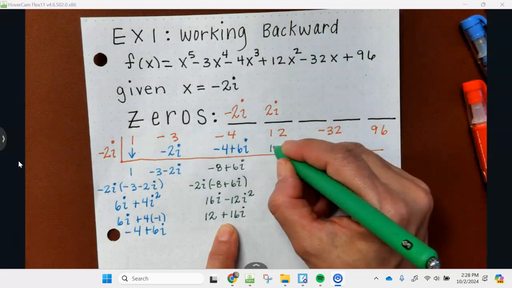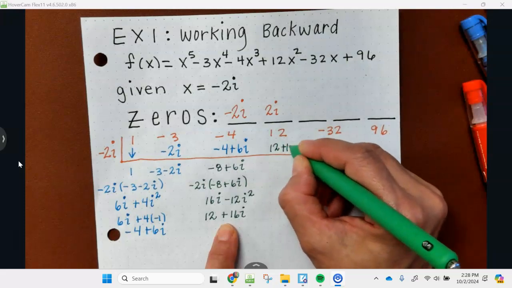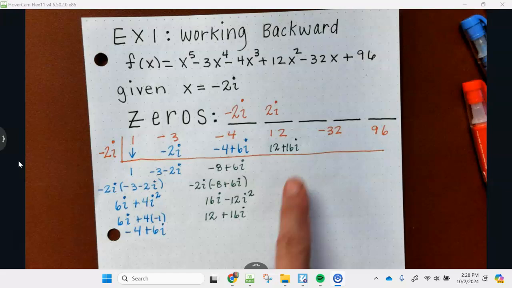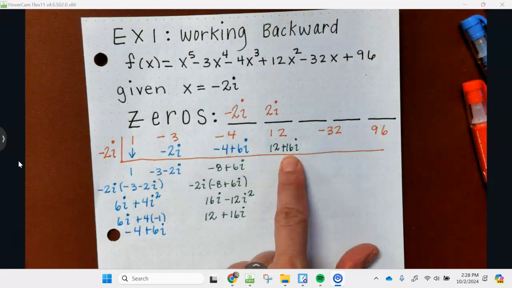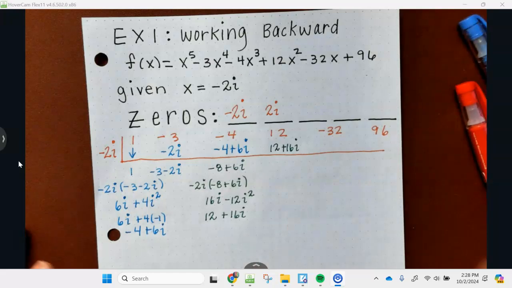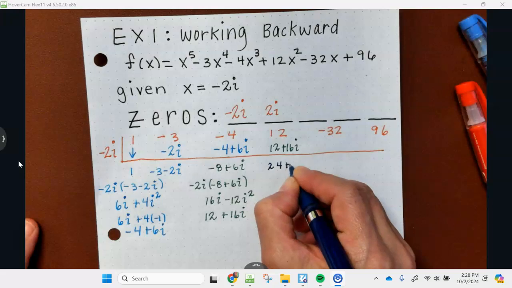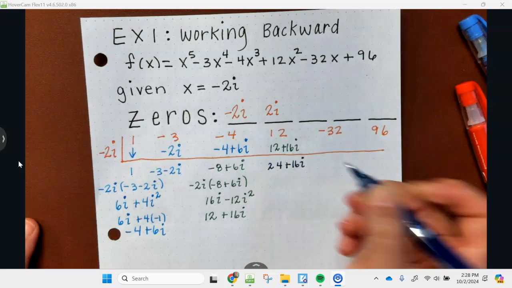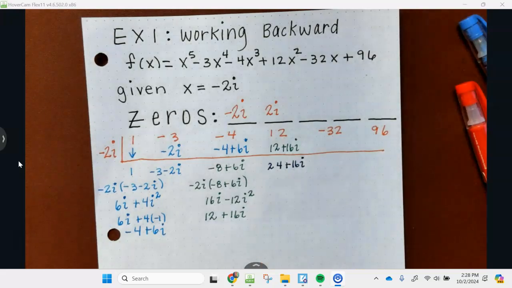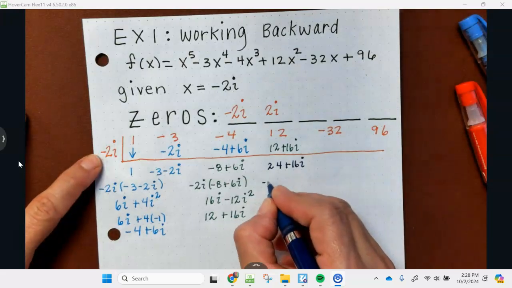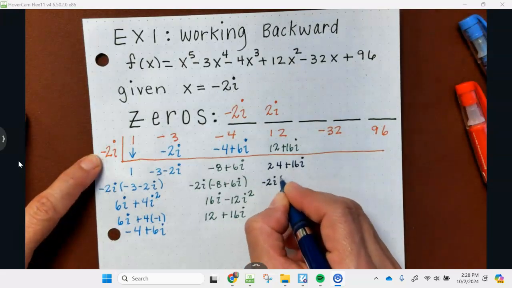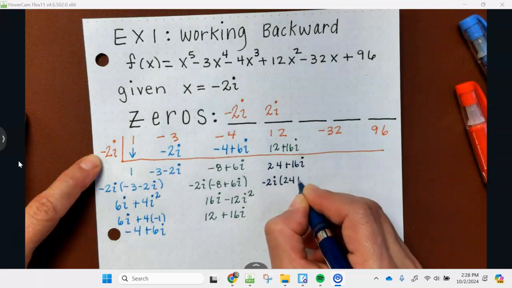All right, we are going to combine straight down. So when we combine straight down, we're just going to combine the 12s. So 24 plus 16i. Here we go. We're going to have to distribute. So now it's going to be negative 2i times that, the 24 plus the 16i.